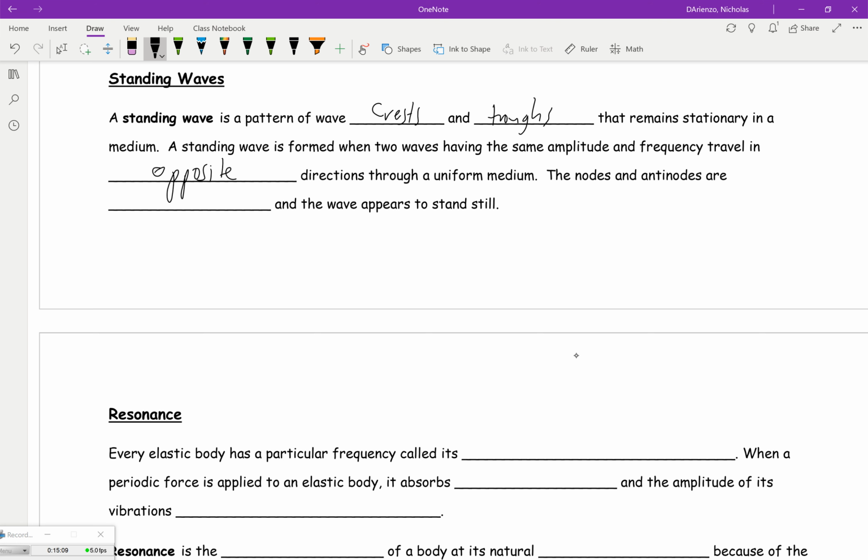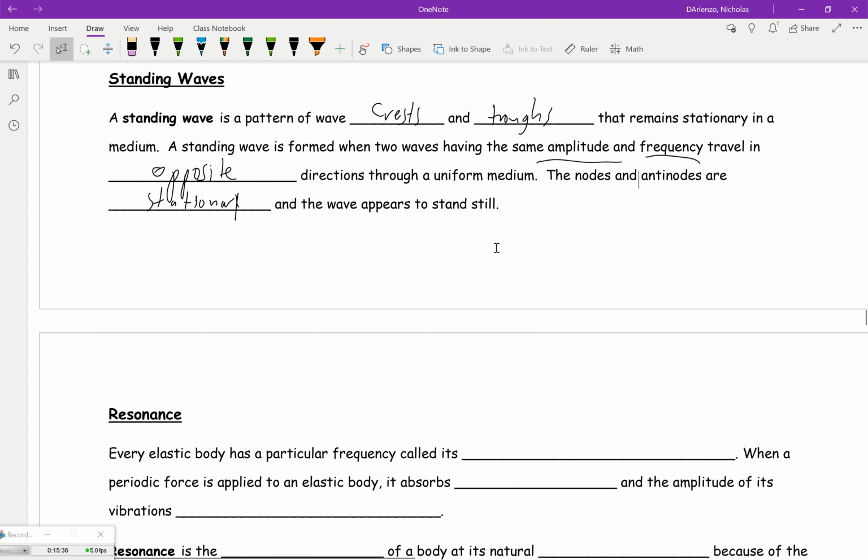Now the nodes and antinodes are going to remain stationary, and that's going to cause the wave to appear to stand still. It is moving, but it's looking like it's standing still because we have these waves with the same amplitude and same frequency, but moving in opposite directions.